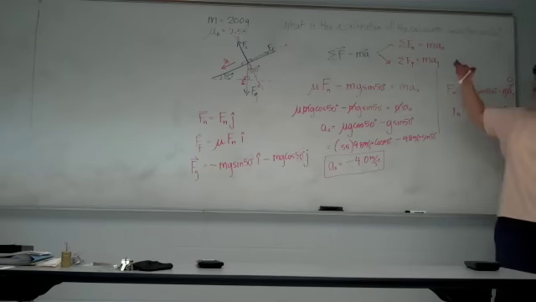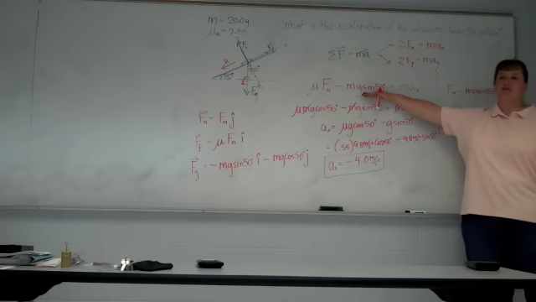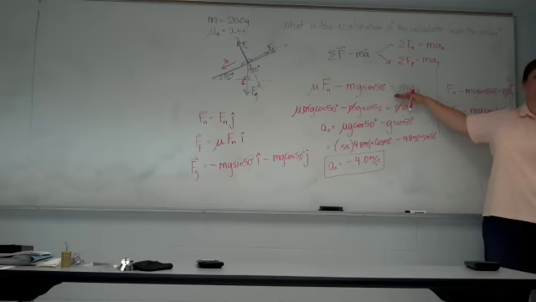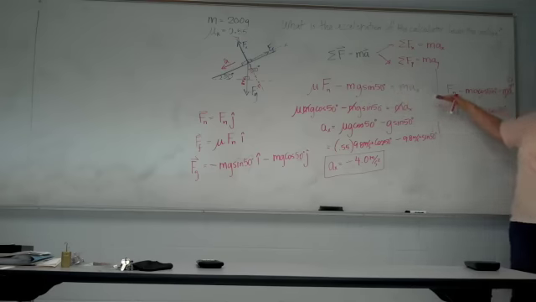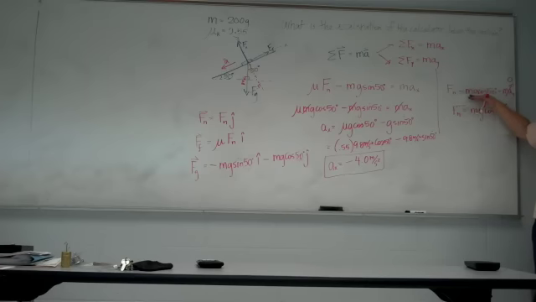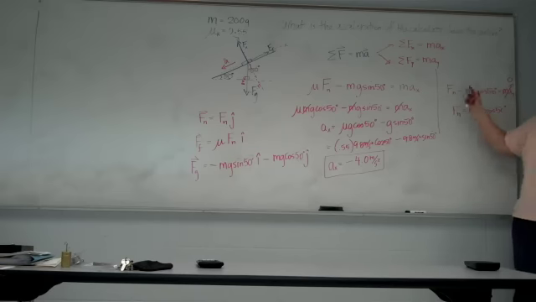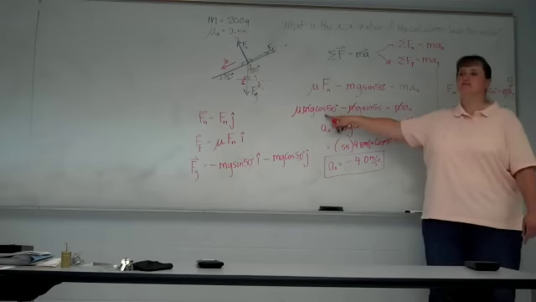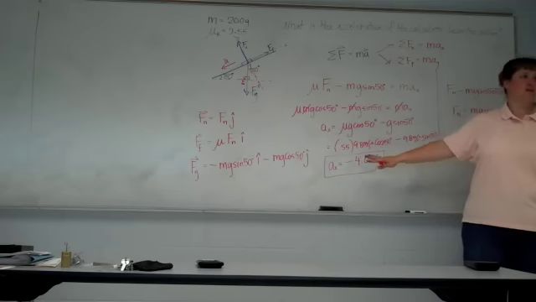Add up all the x components of the force, set it equal to mass times acceleration in the x direction. Add up all the y components of the force. Set them equal to mass times acceleration in the y direction. Make any substitutions you can, like we did here. We solved for normal force, plugged it back in, and we were able to keep working from there.